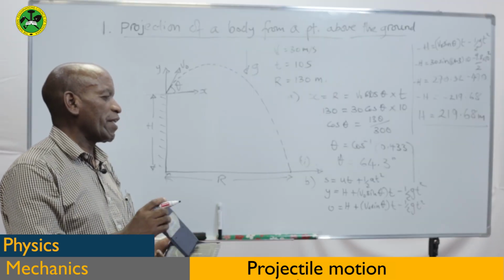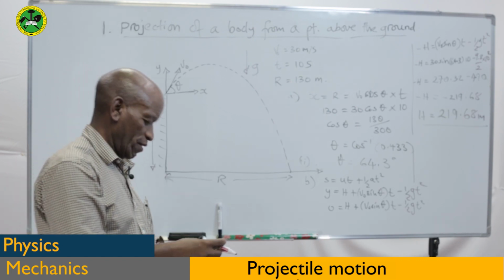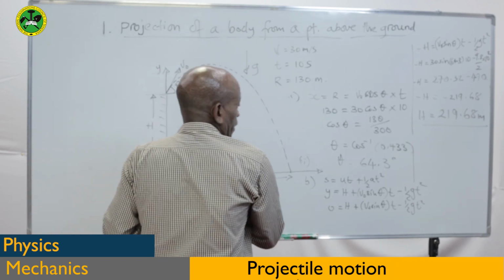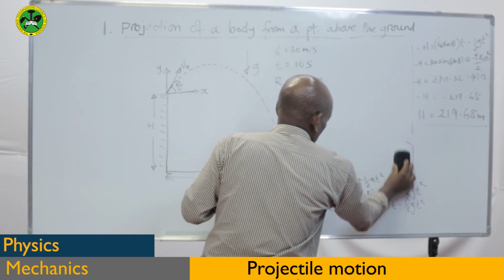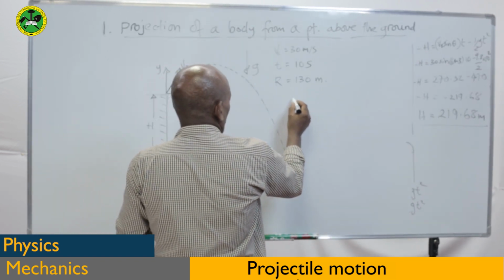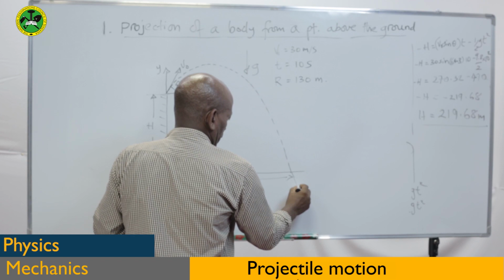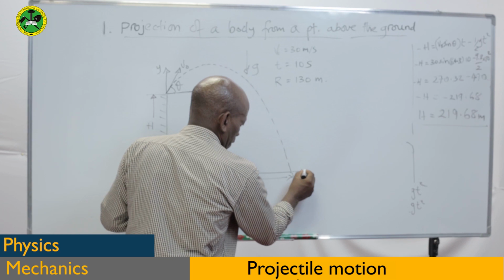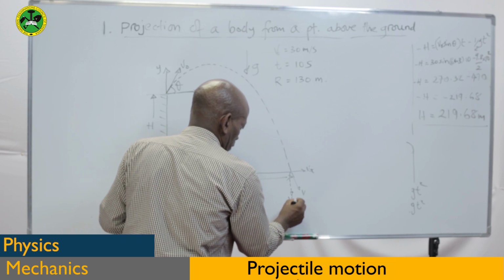So part C: calculate the landing velocity of the ball and the angle it makes to the horizontal at this instant. To determine the angle at which the ball lands on the ground, this can be computed in this way. Let us take the velocity at which the ball hits the ground as v. We have the horizontal component of velocity, vx, as well as the vertical component, vy.